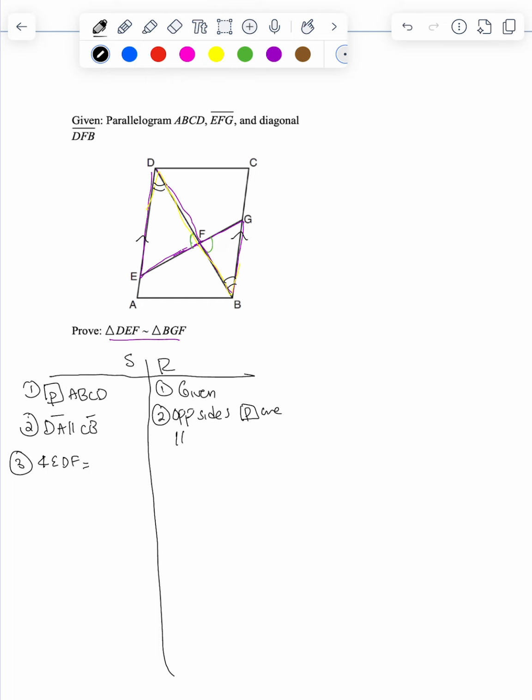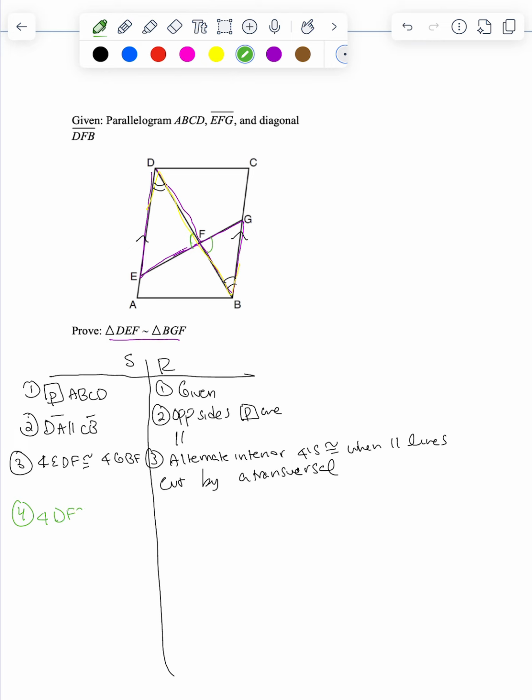Angle EDF and angle GBF. And I'm going to put that here. Alternate interior angles are congruent when parallel lines are cut by a transversal. And then we can put in our vertical angles.